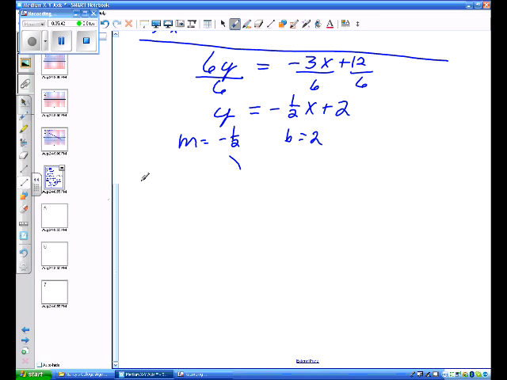Let's say that we have 6x minus 5y minus 20 equals 0. Now, we can go through and subtract 6x and add 20, moving everything to the other side.